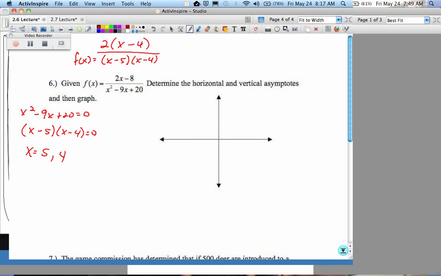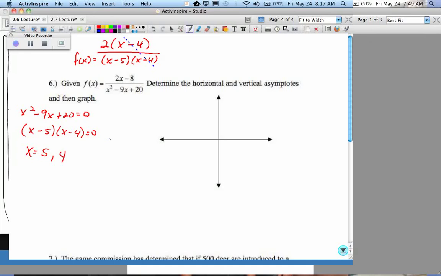So you kind of have the feeling that you want to do that, right? What does that tell you when the factor appears on the top and the bottom? There's a hole in that one. So the 5 and 4 are considered restrictions. 5, however, is the vertical asymptote.